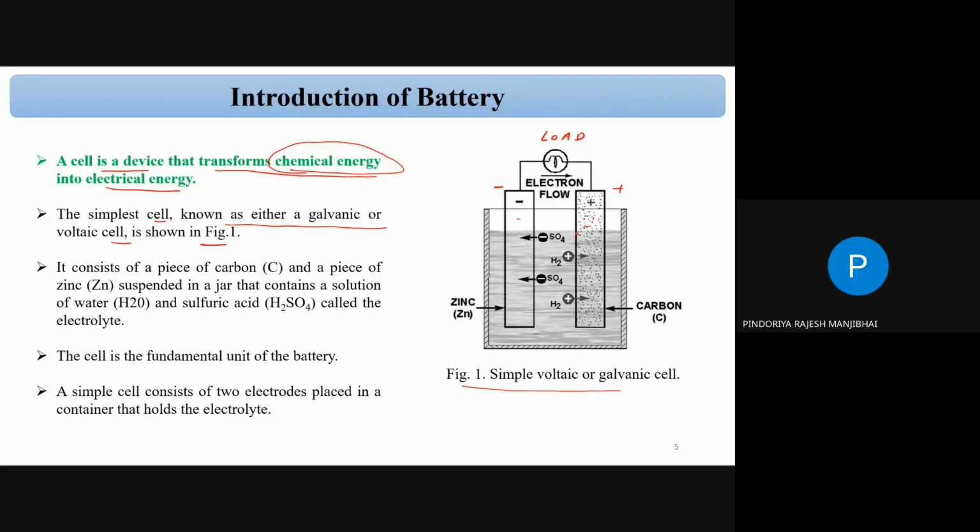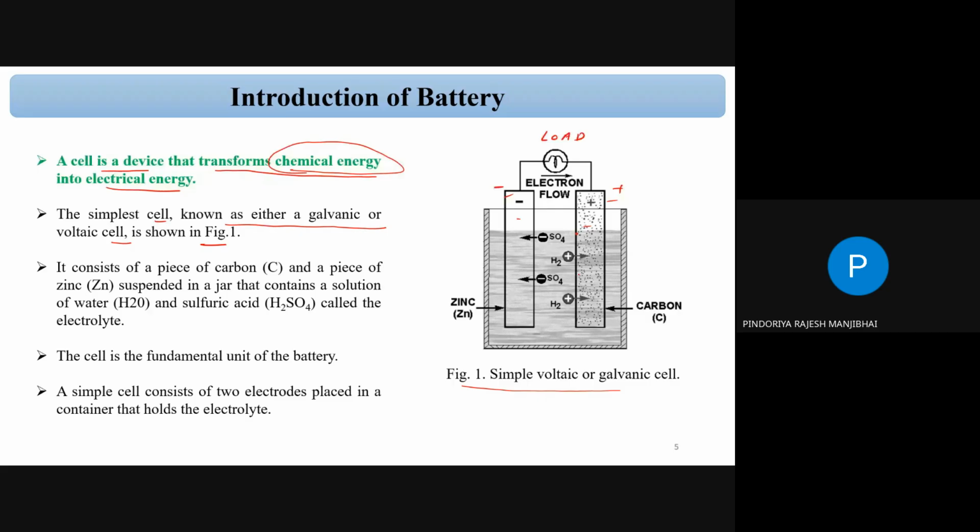Normally the negative terminal is made of graphite, and the positive terminal depends on the type of battery: lithium for a lithium ion cell, lead for a lead acid battery. In 99% of cases, we mostly use graphite for the negative terminal.